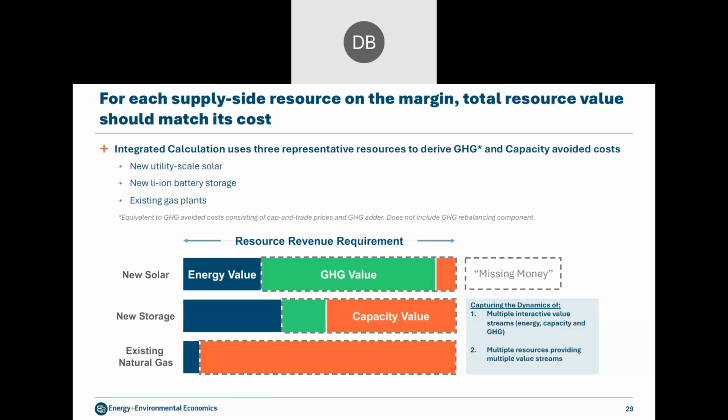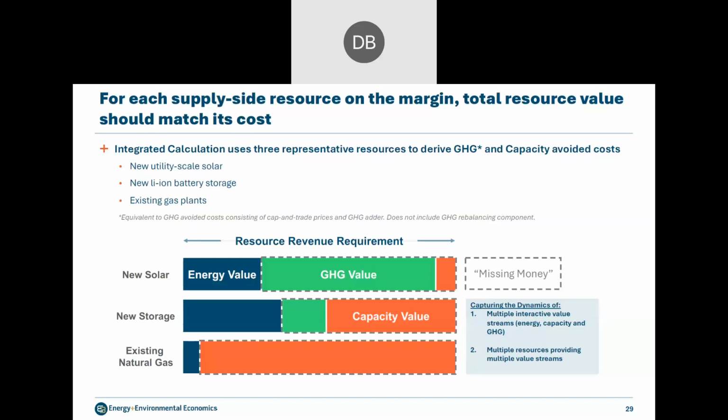For the 2024 ACC, the integrated calculation uses three representative resources to derive the GHG and capacity avoided costs. So that is a generic utility scale solar, a generic lithium-ion battery storage. It can be 4-hour or 8-hour, depending on which year it is and when the IRP builds storage.